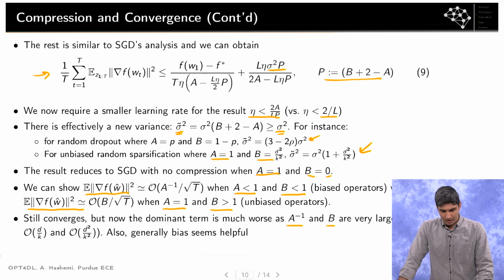This is not very desirable, and we want to see whether there is a way to modify the SGD algorithm itself to make sure that there is no appearance of these parameters A or B in the dominant term of the convergence result. And indeed, the answer is yes. We can modify SGD in a very elegant way to almost get rid of the impact of compression.